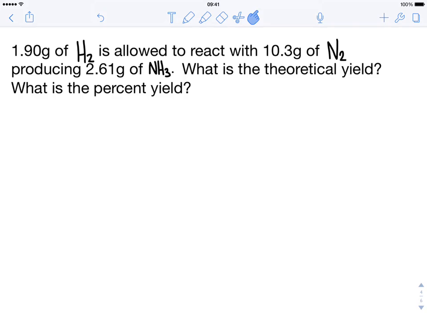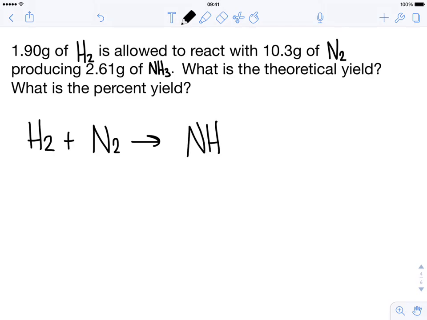And you notice in this problem, we're not given a chemical reaction. So we have to come up with the chemical reaction ourselves. So we're told that a certain amount of H2 is allowed to react with a certain amount of N2, and that produces a certain amount of NH3. So this is our reaction.